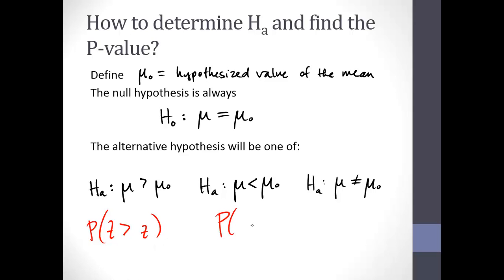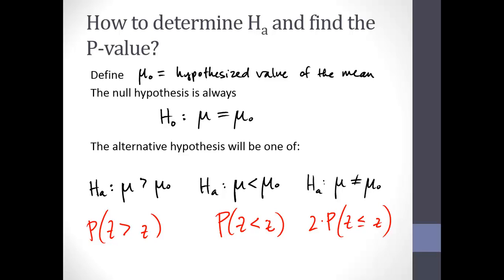If your alternative hypothesis is the other way around, it's going to be less than your test statistic, and if it's simply not equal to, then we're going to take 2 times the probability that it's less than whatever our test statistic is there. So if you're confused about how we're finding our p-value, you can match up the inequality sign from the alternative hypothesis in your probability statement there, and that's going to be the way that we're finding what our p-value is.